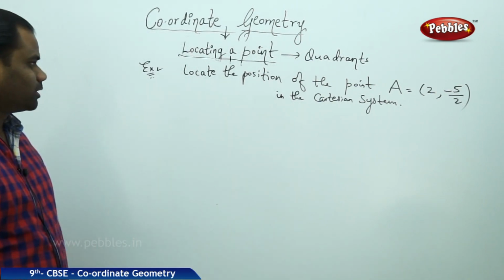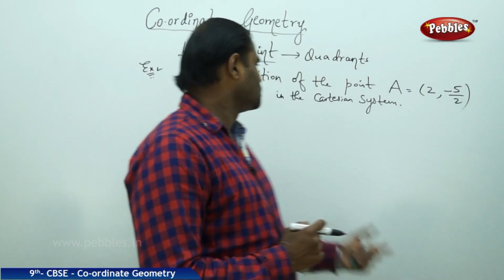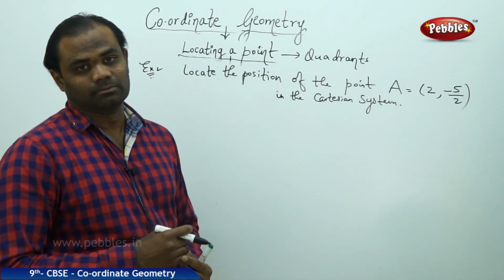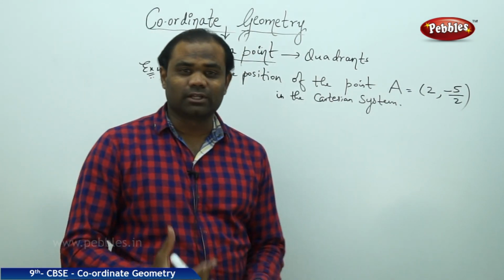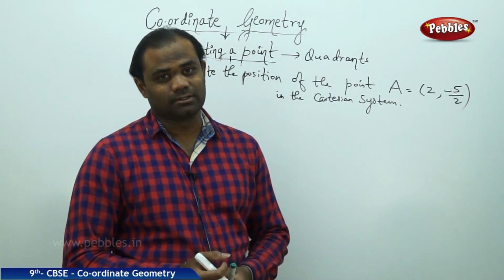So my question out here is, locate the position of the point 2 comma minus 5 by 2 in the Cartesian system. So let's see how we can locate the point using the rules of the Cartesian system.